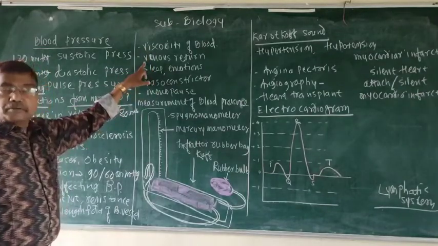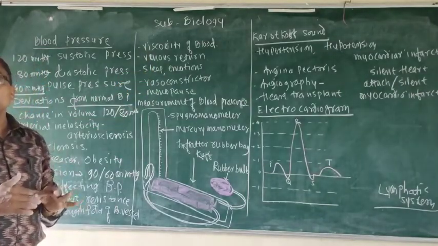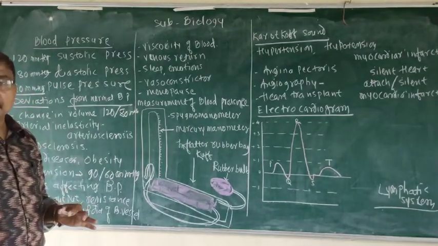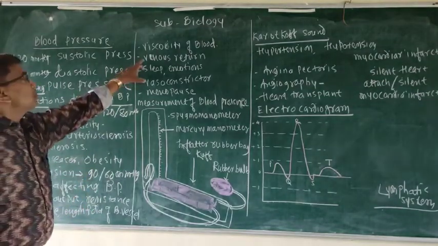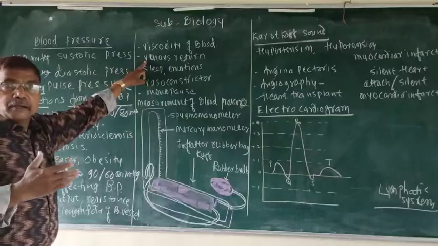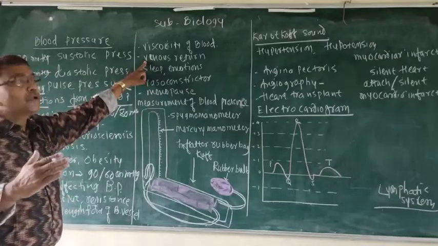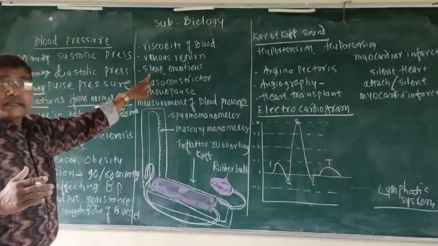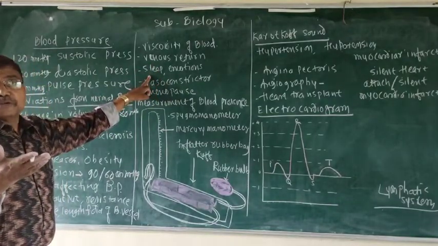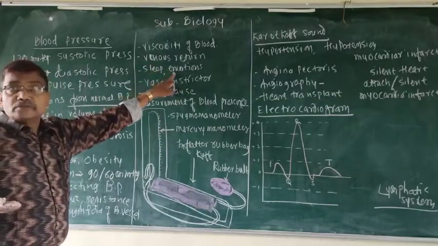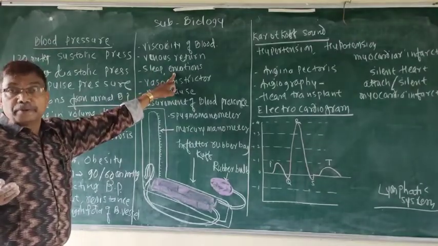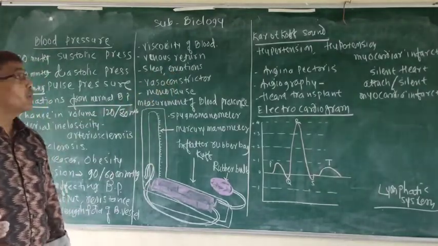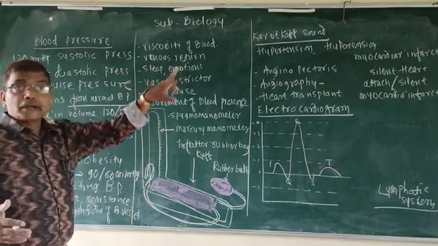Venous return is the amount of blood returned to the right atrium, that is, the total blood given out and returned at a rate, which is the venous return. Then, emotions alter the blood pressure. Fear and shock increase blood pressure.